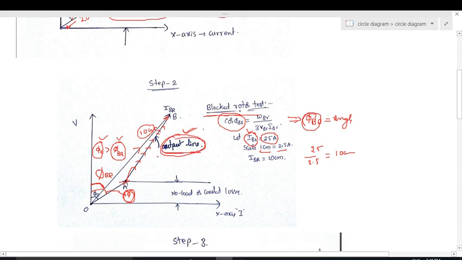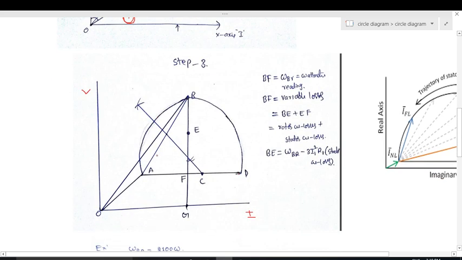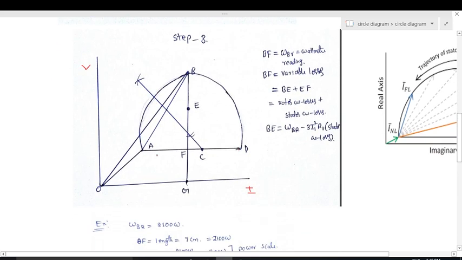Next, the third step. We got these three lines, and now from A to B there is a line. From this AB, we should take more than half the length of AB.